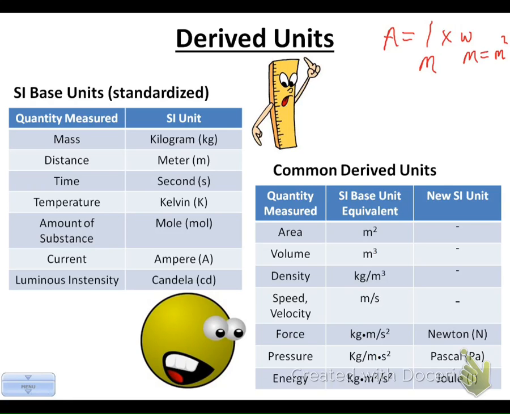One of the most common units we use in chemistry is the one for density. Hopefully you know by now from middle school that density, remember I used the symbol rho in my class, is equal to mass divided by volume.